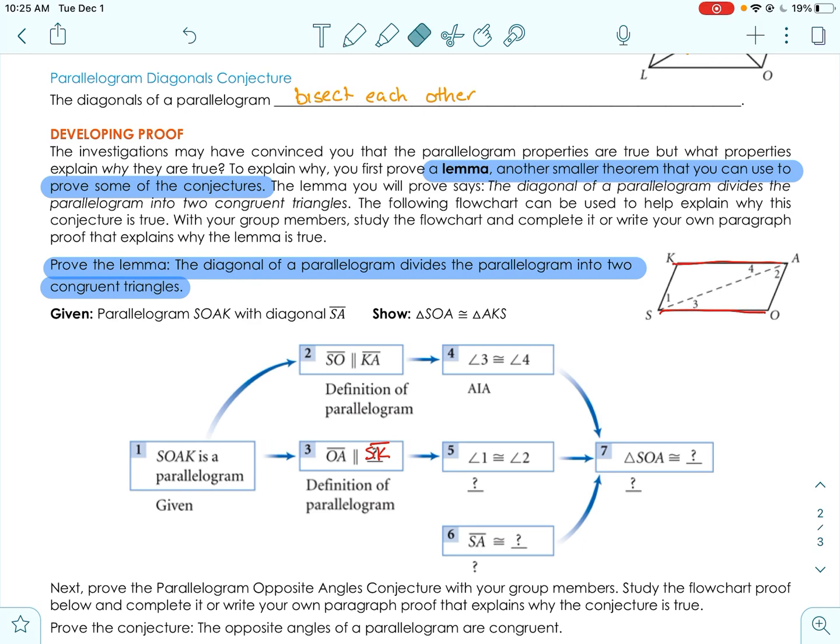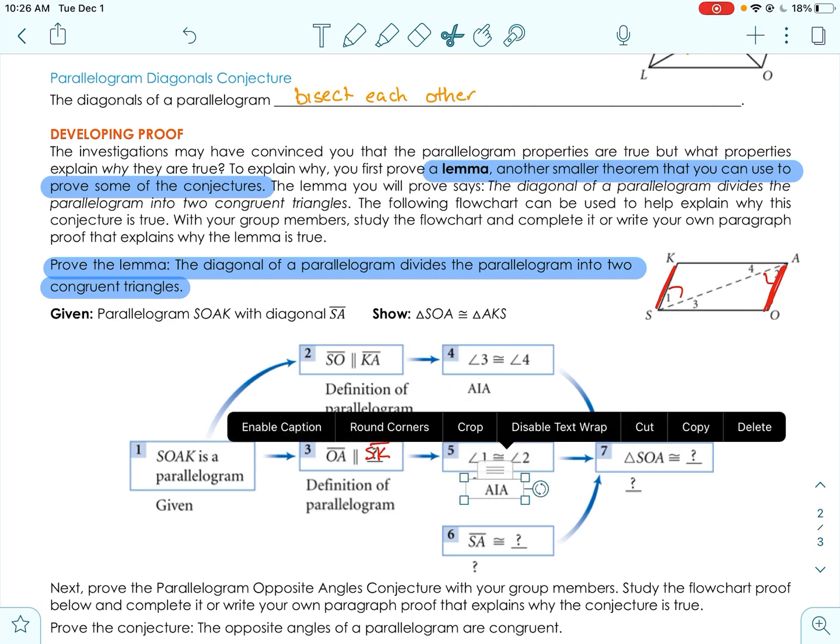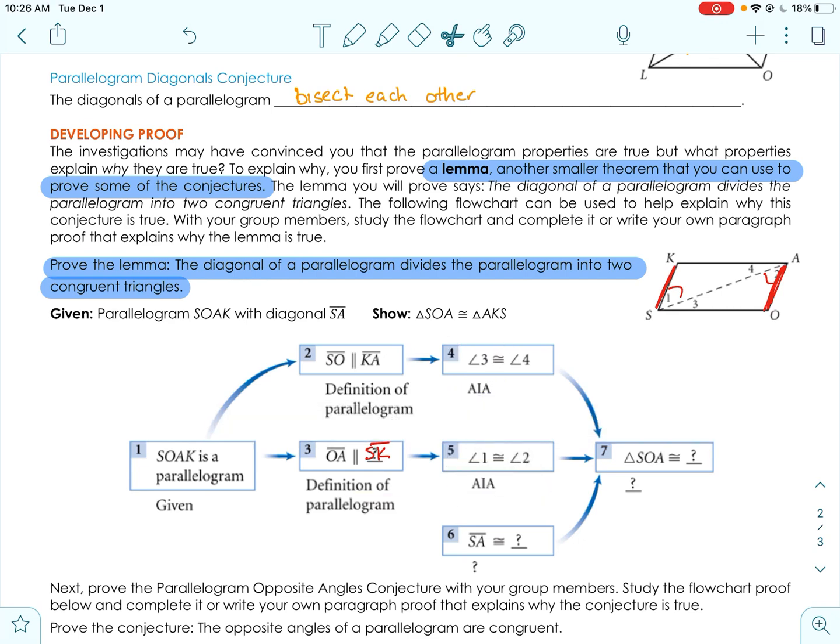Now, we also know that angle 1 is congruent to angle 2. And if you think about why that is, it's because if you know that SK is parallel to OA, then 2 and 1 are also alternate interior angles. So I'm going to copy that and write it down right there. Okay, so those are also alternate interior angles.